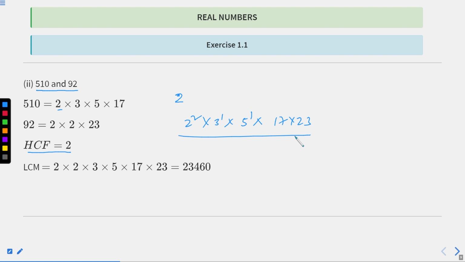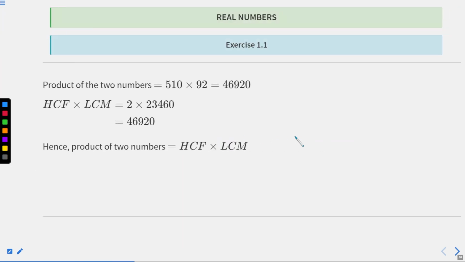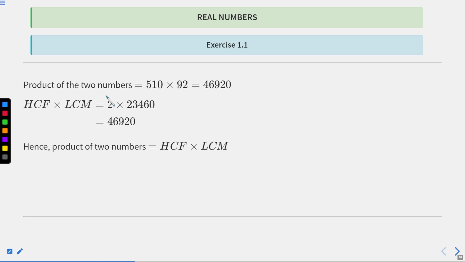Now we have to verify that the product of two numbers is equal to HCF of two numbers into LCM of two numbers. Here the product of two numbers is 510 times 92, and this is equal to 46920.